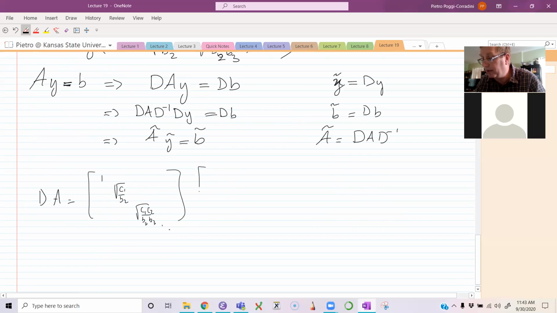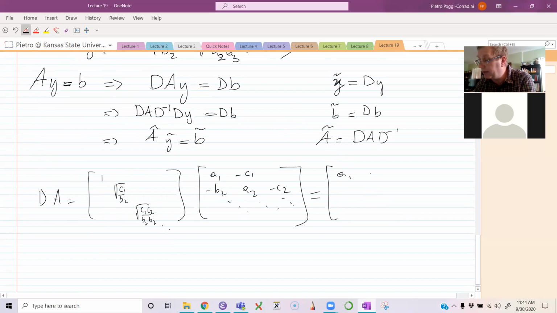If you have the rows of A, A1, minus C1, then minus B2, A2, minus C2, etc. When you multiply from the left by D, every row is multiplied by the corresponding entry.